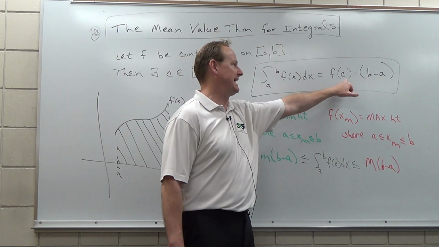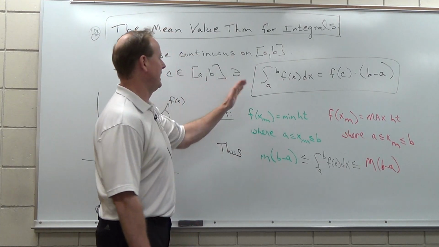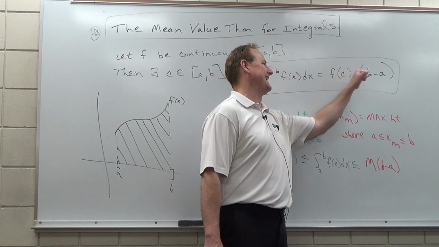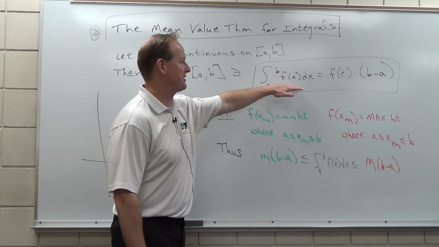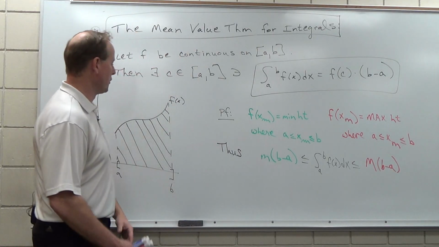Now do know that that c may not be unique. There may be multiple x values on or in between a and b. That f at that height times b minus a is actually going to be the true value of this definite integral. So we're going to prove this.